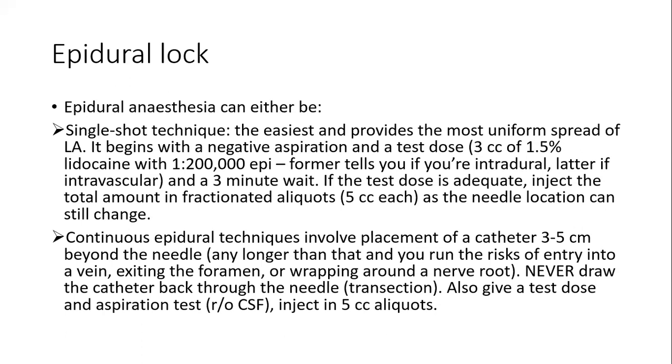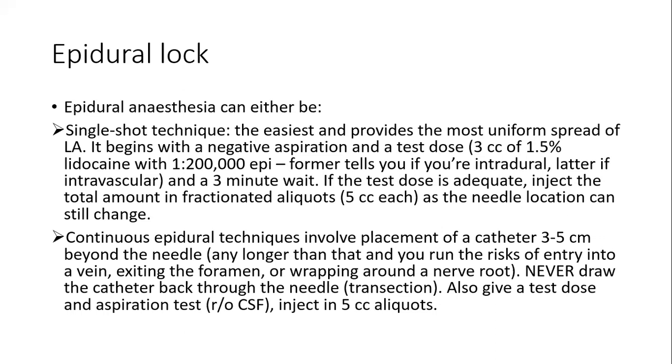You know, even when you are doing the continuous epidural technique, after inserting your catheter, you just want about 3 to 5 cm beyond the needle tip. All right, because you don't want to go further, so that you don't enter a vein and you don't want to come out of the intervertebral foramen, or you don't want your catheter to be wrapped around the nerve root.